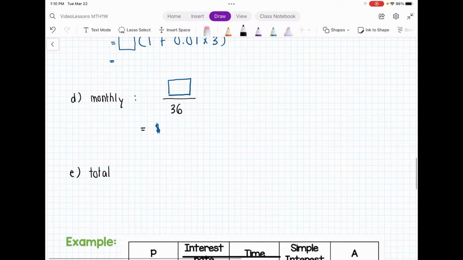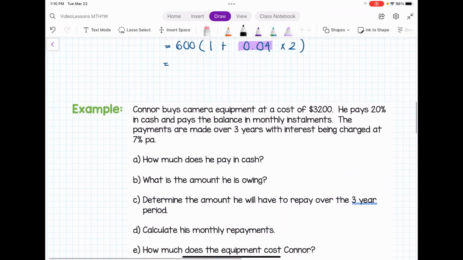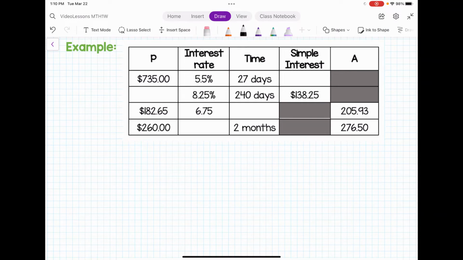So the total cost is found by taking the deposit, and then adding your accrued amount. And then that will give you your answer. And remember, we're talking about money. Money always will go to 2 decimal places unless the question tells you to round differently.